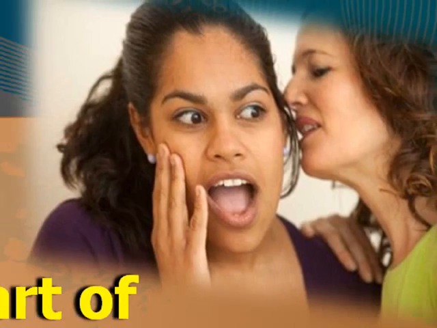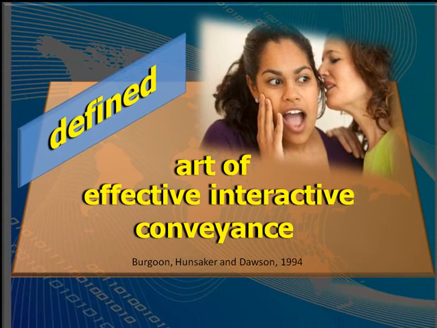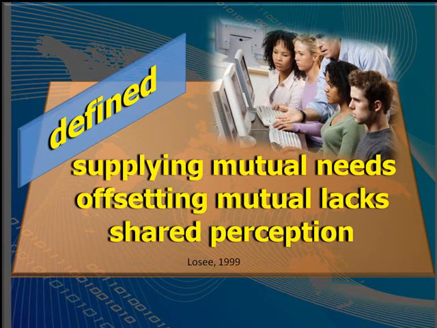So let's get started. Probably the best place to begin is with a few definitions for communication. One, for example, defines it as the art of effective, interactive conveyance. To that end, it is a process that allows the source of the communication and the receiver of the communication to have an impact on each other. Another definition is to supply mutual needs and offset mutual lacks to achieve a shared perception.